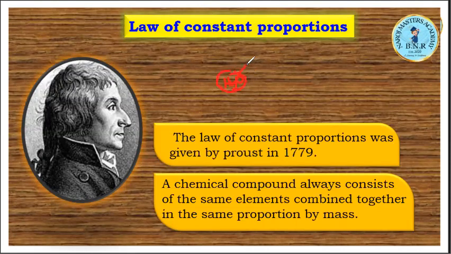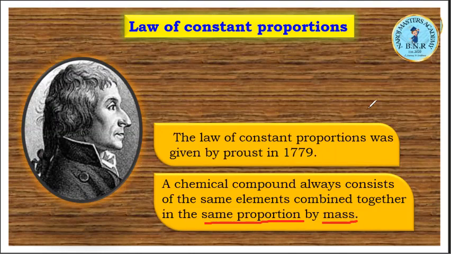Wherever you find water, in a river, pure water or distilled water, the chemical formula is always the same. It means the proportion of these two elements, hydrogen and oxygen, is always constant according to their masses. A chemical compound always consists of the same elements combined together in the same proportion by their masses.